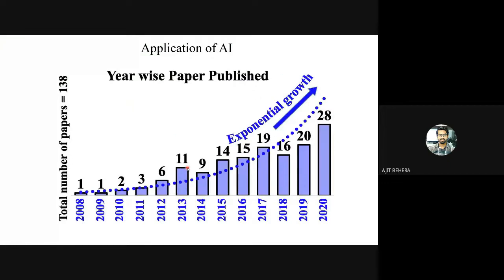So the application of AI is now a concerning thing for data science scientists and researchers. From 2008 to 2020, you see the number of papers grew exponentially.